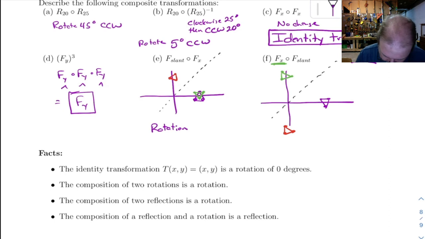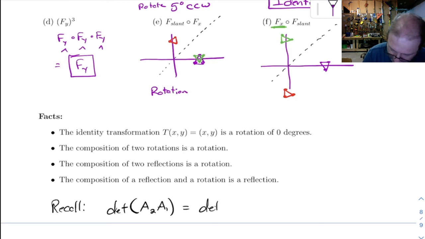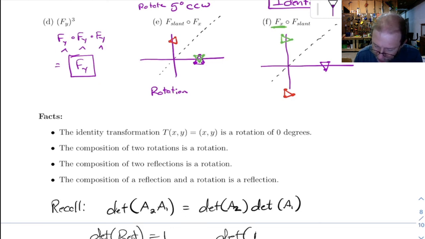Let's see. So one thing to recall is this. If you take the determinant of two matrices multiplied together, that's the same as the determinant of one matrix times the determinant of the other. And if you go back and think about it, the determinant of a rotation is 1, and the determinant of a reflection is -1.